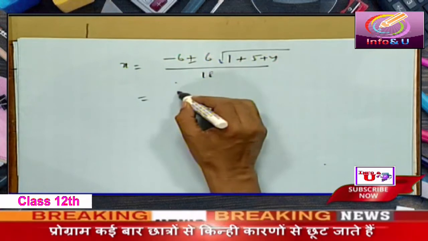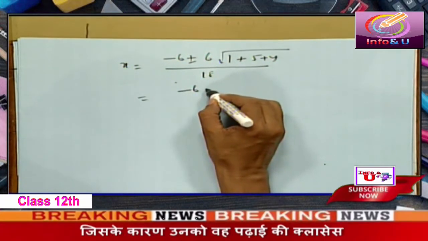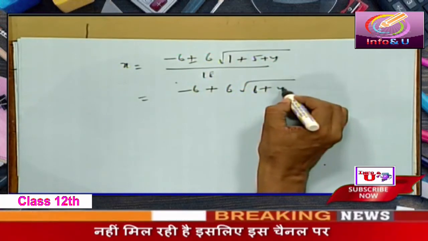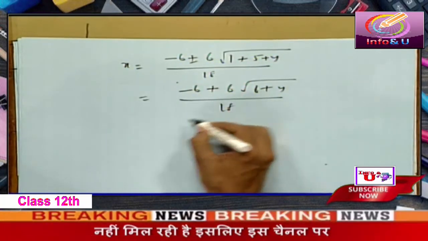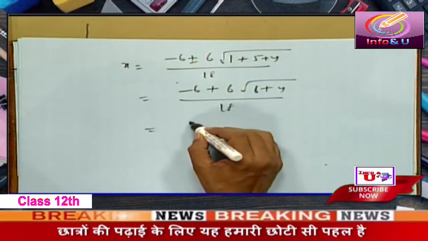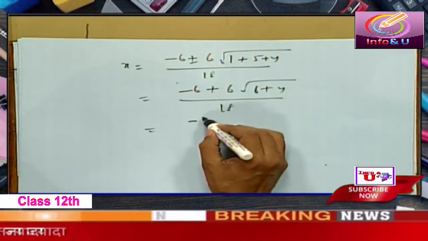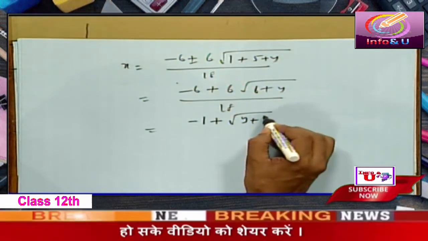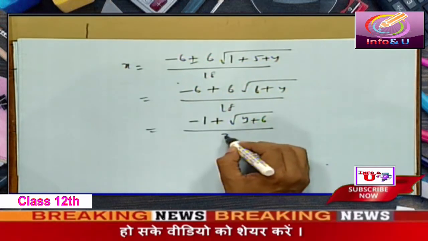So it becomes minus 6 plus 6 root of (y plus 6), upon 18, that equals minus 1 plus root of (y plus 6), upon 3.